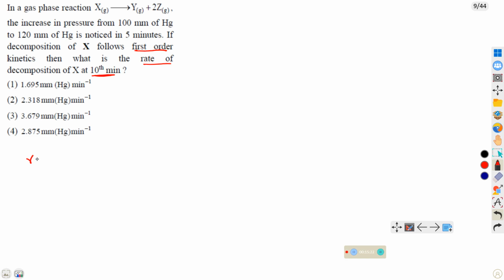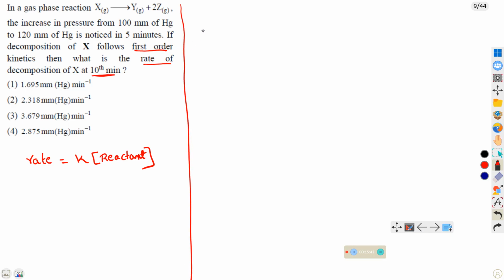First of all, rate we know. It is a first order reaction. Rate is equals to K into concentration of the reactant.